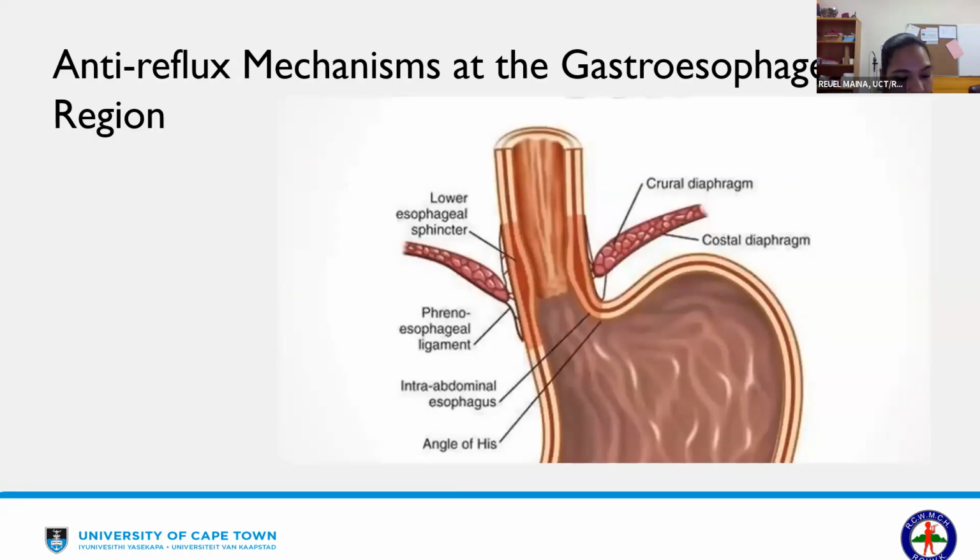It lies within the hiatus created by the right crus of the diaphragm and is anchored by the phrenoesophageal ligaments. This anatomical arrangement is the intrinsic support of the lower esophageal sphincter, and loss of this support through development of a hiatus hernia significantly compromises its function.